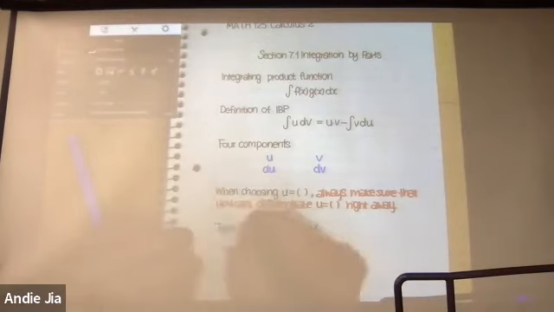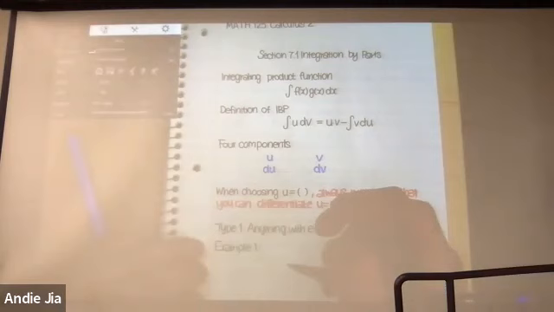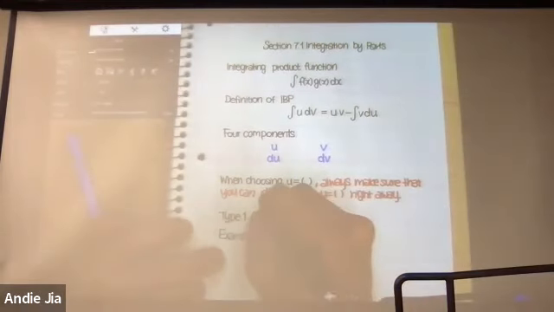So let's do an example. Evaluate the integral.